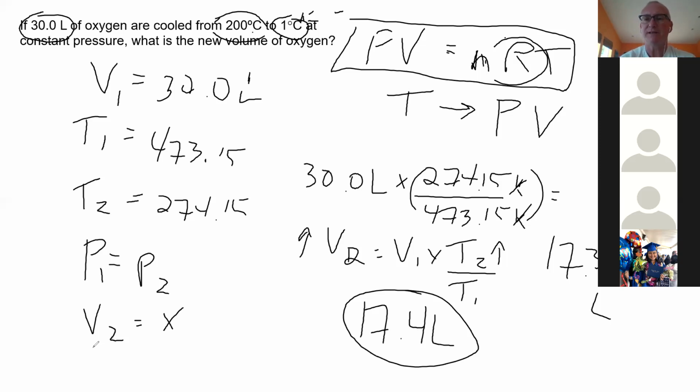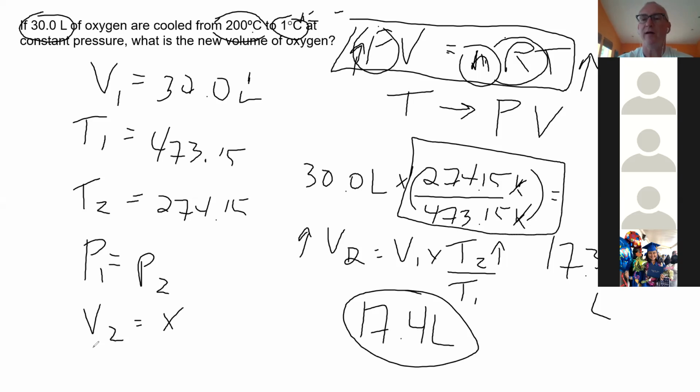In this instance, as T goes up, P and V should both go up as well. If something on one side of the equation increases, something on the other side needs to increase as well. Since P doesn't change, N doesn't change, and R doesn't change, it's directly related to the temperature. And so we can use this to figure out what the change in volume is.